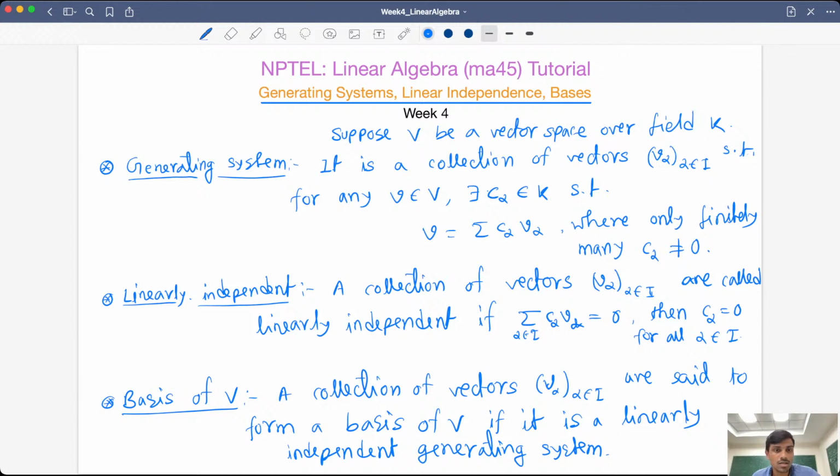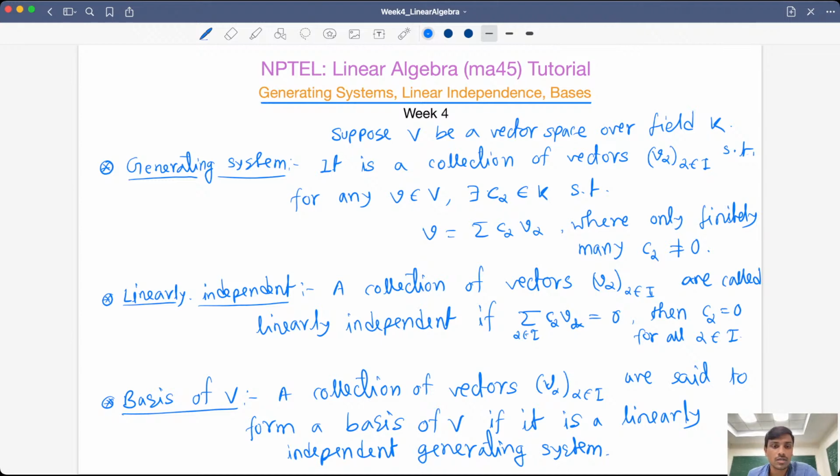That is guaranteed by linear independence. That is a corollary: whenever we have a linearly independent set that generates a vector space, then the coefficients, as you write V as a linear combination of those vectors, will be unique. So this is what we will mostly use for today's tutorial.